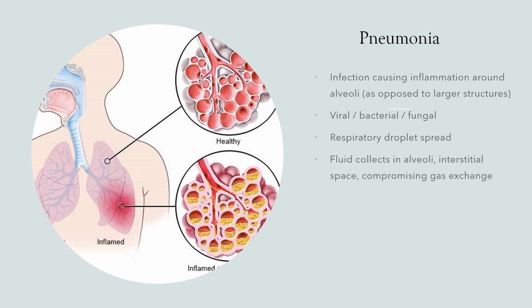Most commonly viral and bacterial, and more rarely fungal, are the cause of pneumonia. The spread is through respiratory droplets. And what occurs is that fluid collecting in the alveoli and the interstitial space, which compromises that exchange of oxygen and CO2.